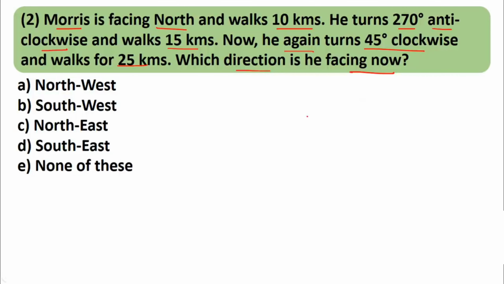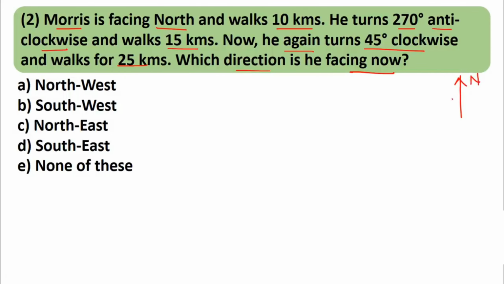Over here also we have to find out the direction in which Morris is facing. So these are the type of sums where only direction is asked. There are other types also, we will be discussing them further after solving this sum. This is the first type where only direction is asked.